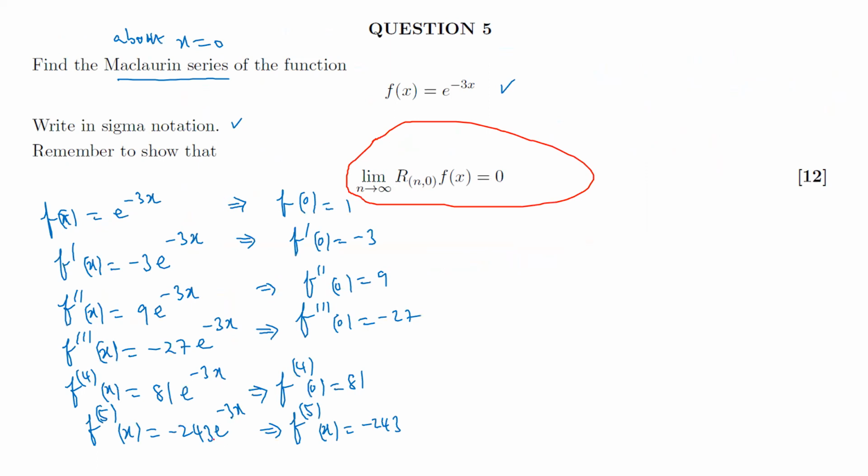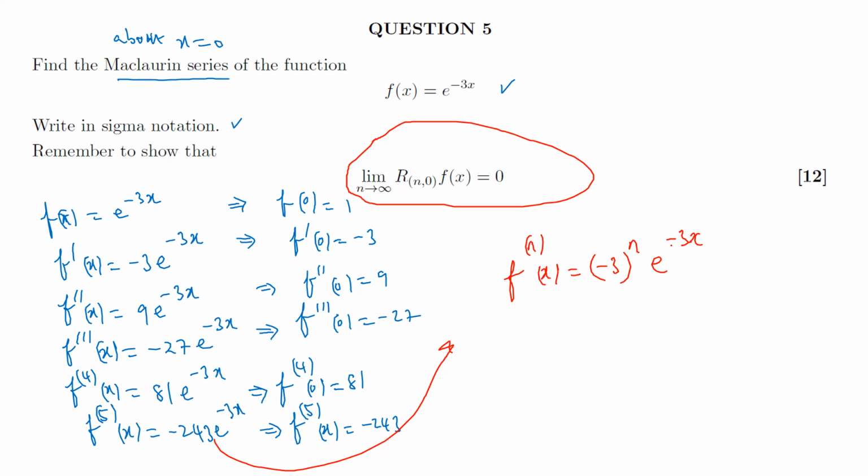What is the nth derivative evaluated at x of this? So f nth derivative. We've seen that it is minus 3 to the power n, e to the minus 3x, like this. That is the nth derivative.